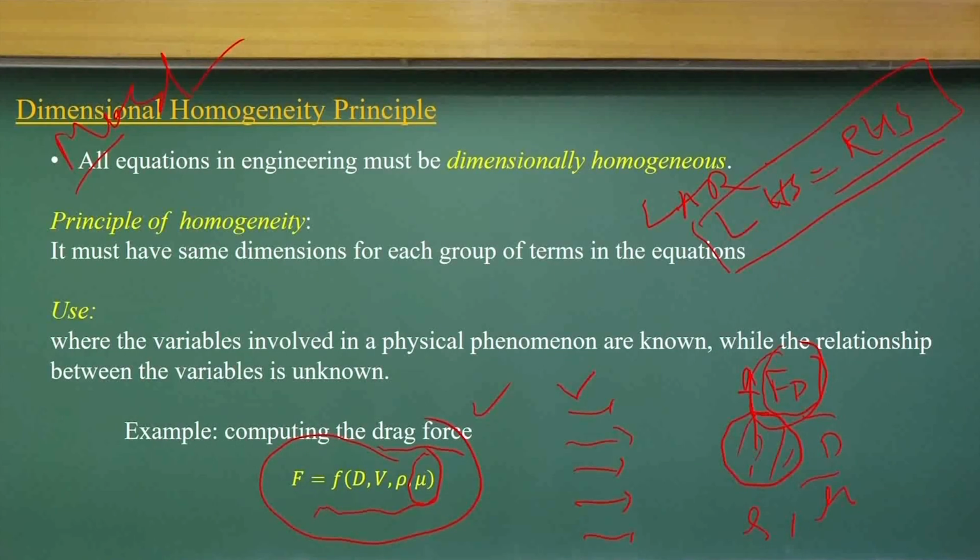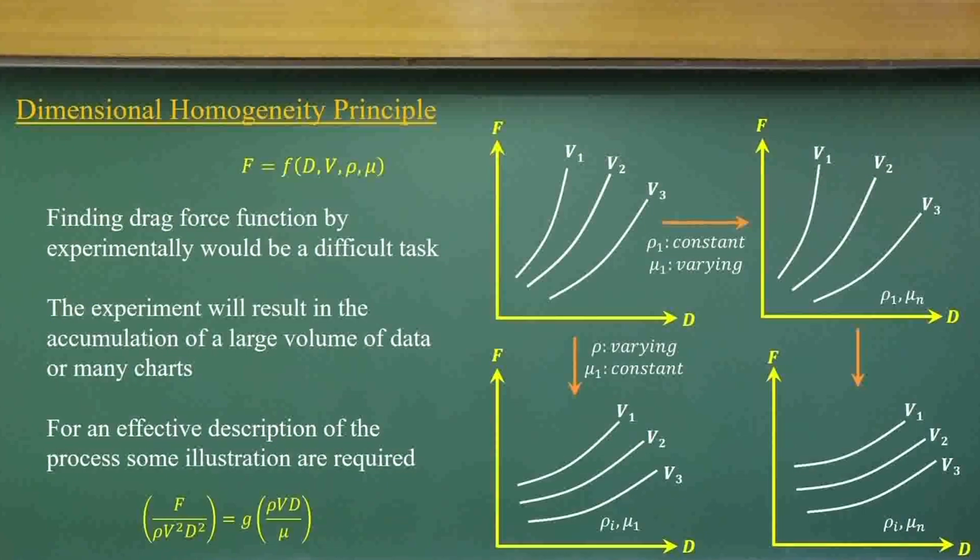Now I have to design the experiment to find out this function F. How will we do it? There are two ways. First, since F is a function of 4 independent variables, I will do 4 types of experiments.